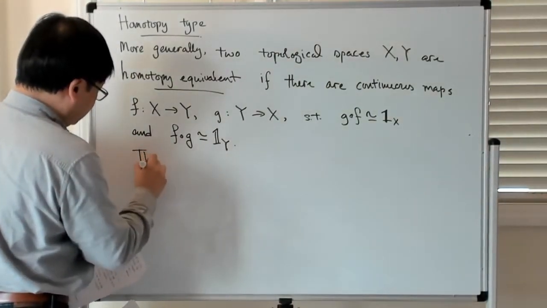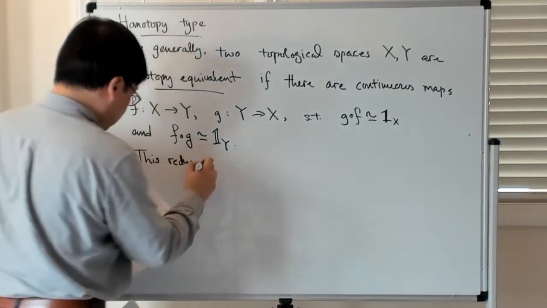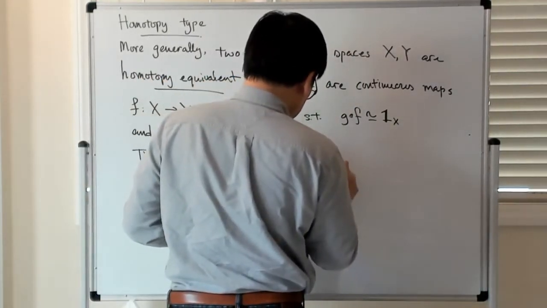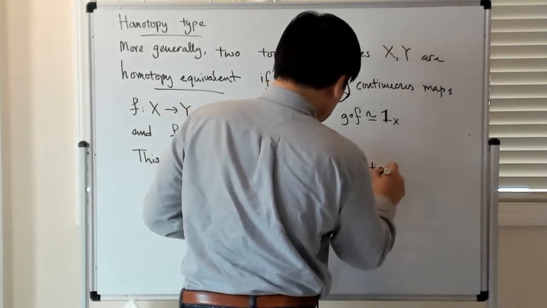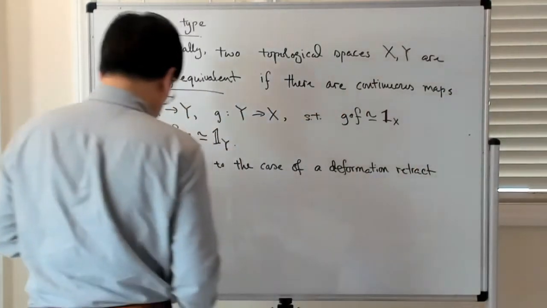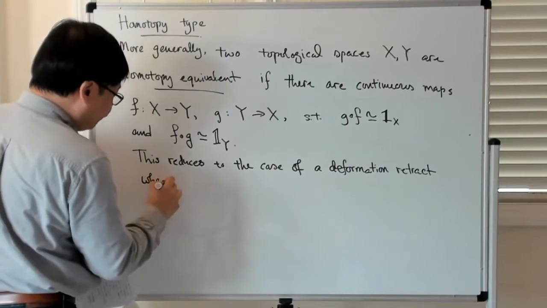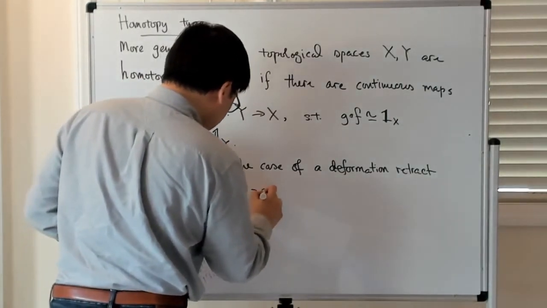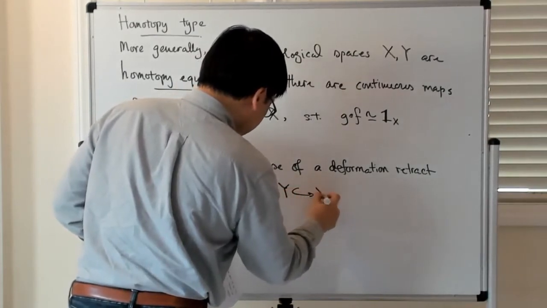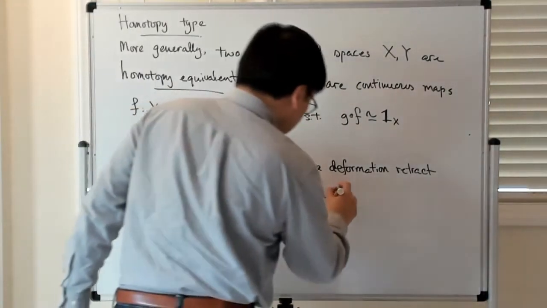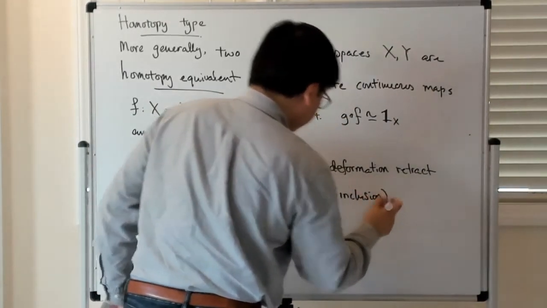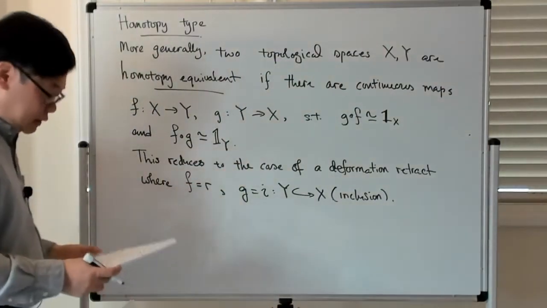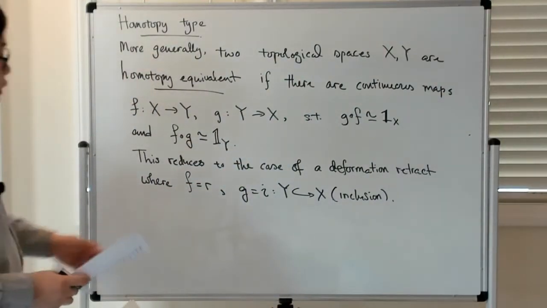This reduces to the case of a deformation retract, where F would be our retraction R, and G is the inclusion map, which includes Y into X. Under those identifications, the conditions for homotopy equivalence lead you to the conditions for deformation retractions.